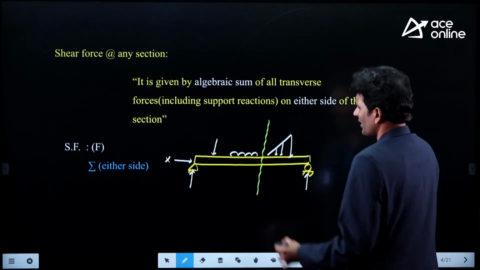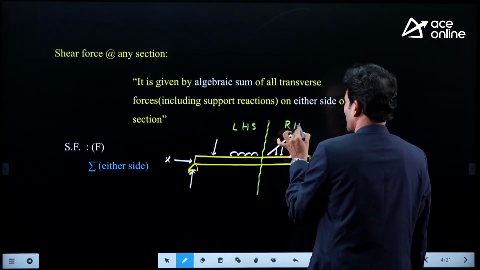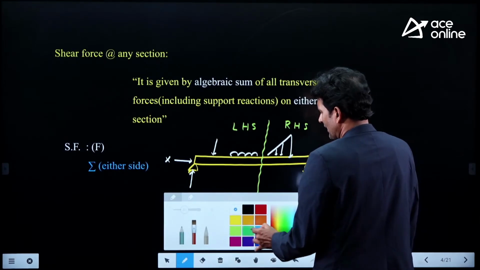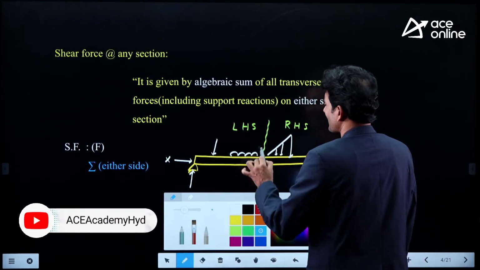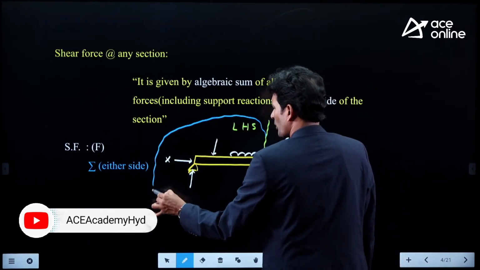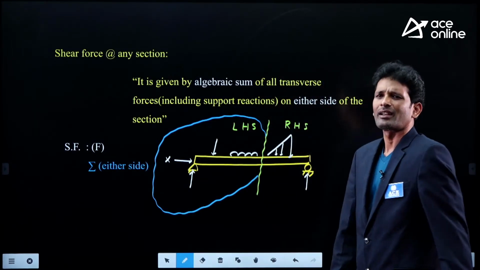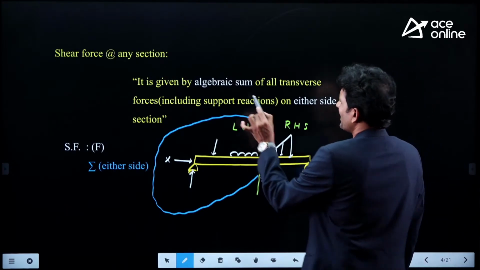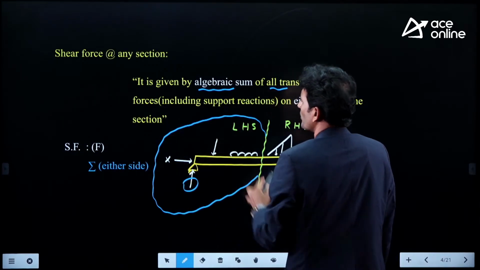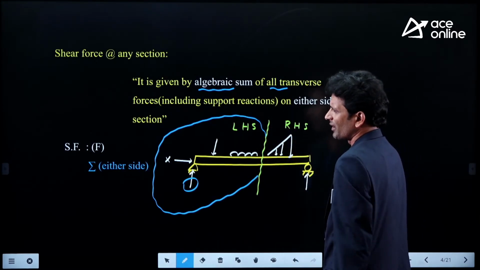If I consider the section here, this is the left part of the section and this is the right part of the section. Now, how you define the shear force at any section is, it is nothing but the algebraic sum of all the transverse forces including the support reactions, either on the left hand side of the section or on the right hand side of the section.